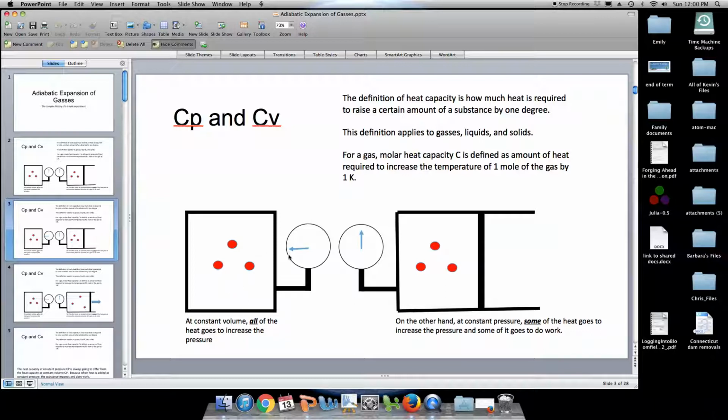Now, let's consider an alternative where we're going to work at a constant pressure. We've got the same or similar container, we've got the same gas inside, and now instead of a fixed volume, we've got a moving piston so that the volume can change as the gas expands. So now we are putting energy into this gas.